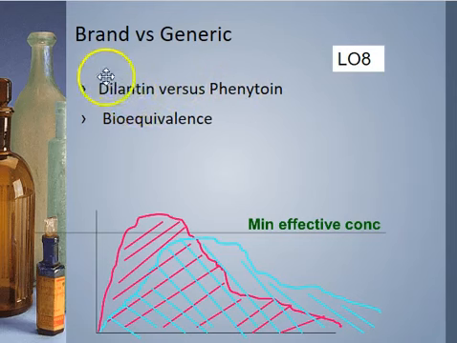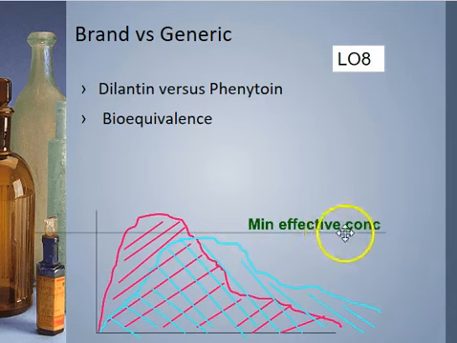Dilantin is the brand name drug and phenytoin is the actual chemical. These drugs are not always biologically equivalent, meaning that if you look at the area under the curve, this pink graph could be the area under the curve of Dilantin, and the bluish-green graph could be the area under the curve for phenytoin.